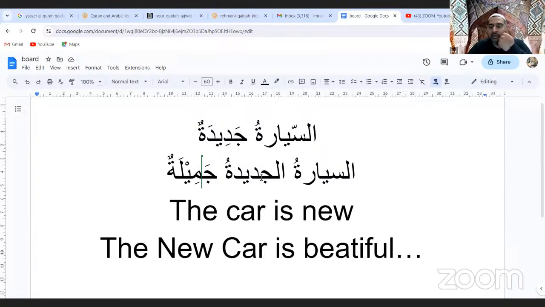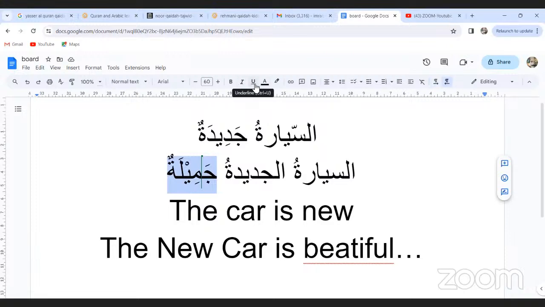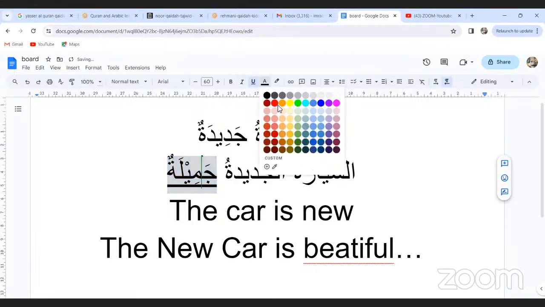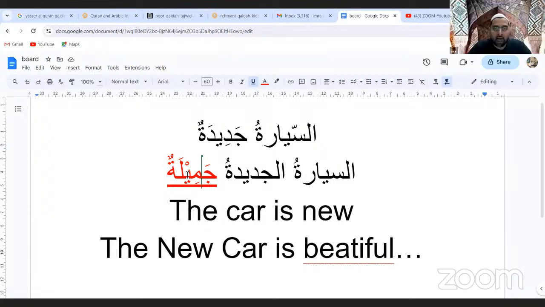To make it a complete sentence, we've added jamilatun without alif lam to come as the predicate. I see. Right now it's clicking a bit. Yes, now I'm getting it. You told us last time as well, but it was somehow not sinking in. That's fine.